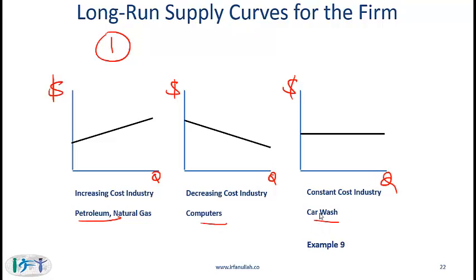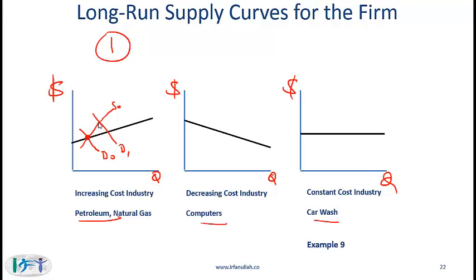Let's look at the increasing cost industry in a little more detail. Let's say that initially we have a demand curve D naught and a short run supply curve S naught. And say there is an increase in demand. So the demand increases from D naught to D1. What is going to happen is we'll move from this point E1 to E2.